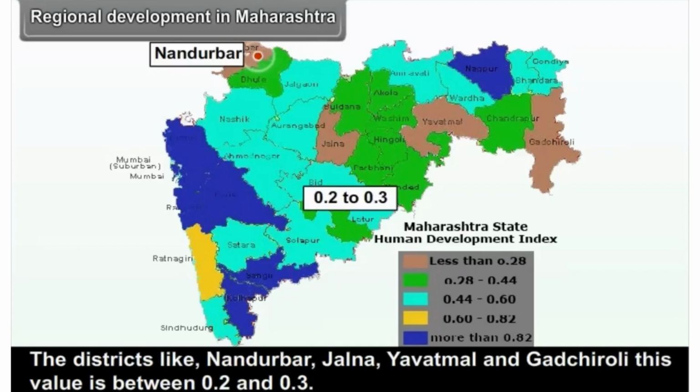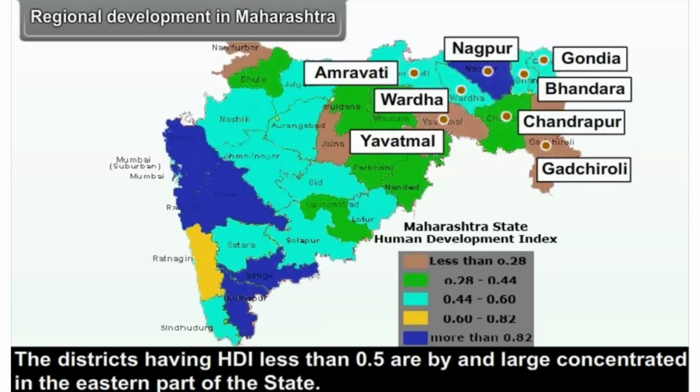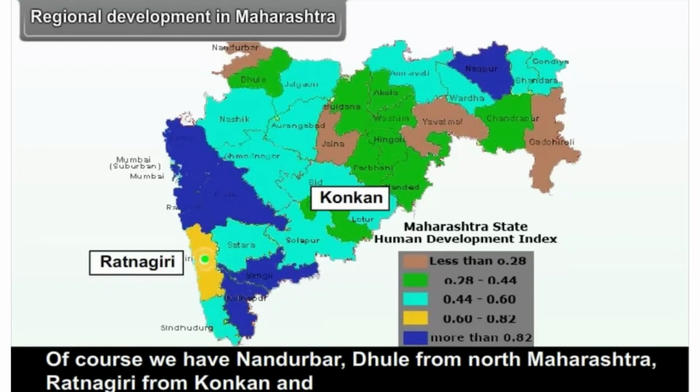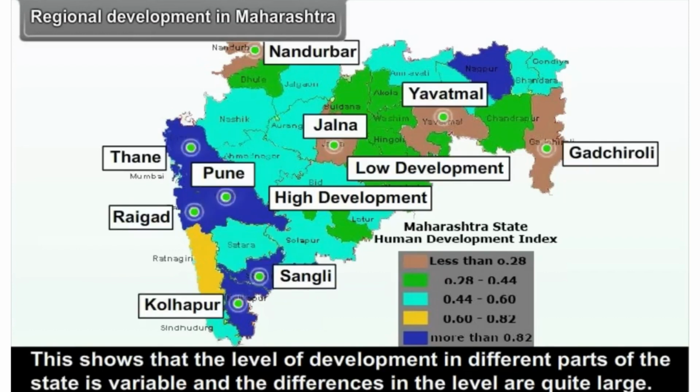For districts like Nandurbar, Jalna, Yavatmal and Gadchiroli, this value is between 0.2 and 0.3.